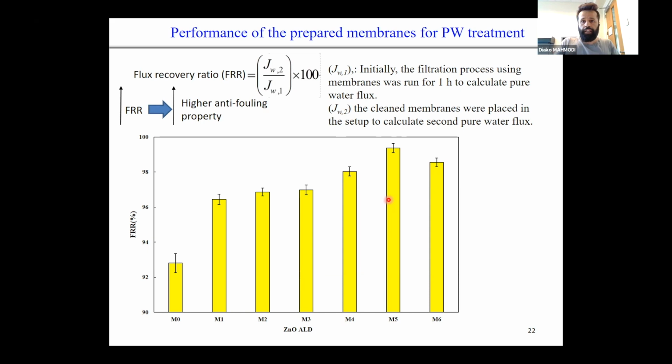Then we take out the membrane, try to remove fouling and contaminant in order to regenerate the membrane, and then put it inside the equipment. And this time, again, we run pure water in order to calculate pure water flux. We call it the second one, JW2 over JW1.